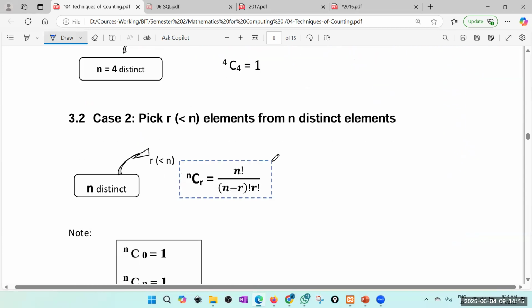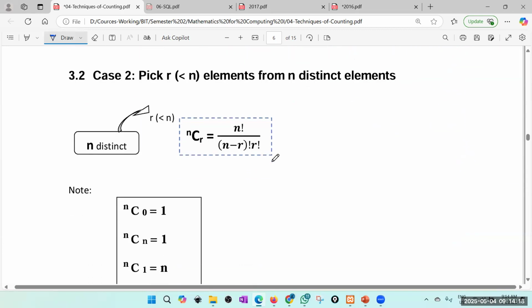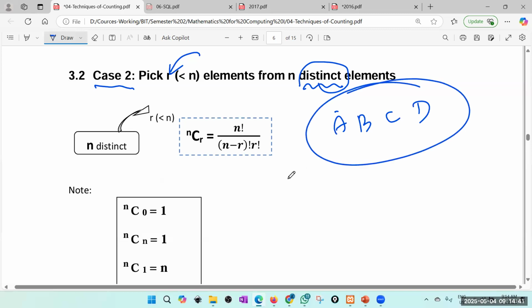Okay, right, case 2. We have n number of distinct elements, and we take only r of those. r is less than n. How many ways can we select? Say we have 4 people, and we need to select a committee out of this, but one committee consists of only 2 people.